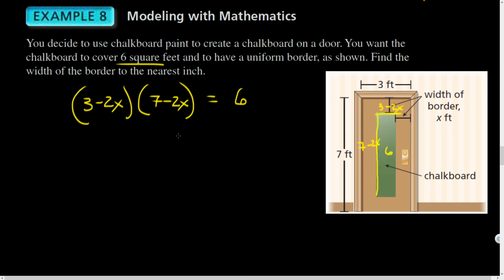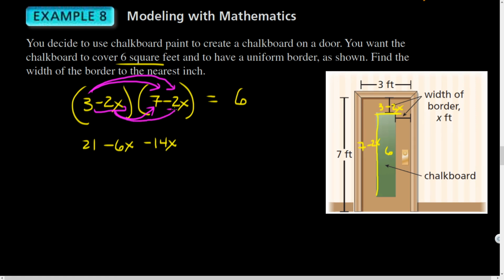All right, so that minus 2x thing is a little awkward. It kind of requires you remembering the segment addition postulate back from the days of geometry. But let's multiply this out. So 3 times 7 is 21. 3 times negative 2x is negative 6x. Then I'd have negative 2x times 7 is negative 14x.